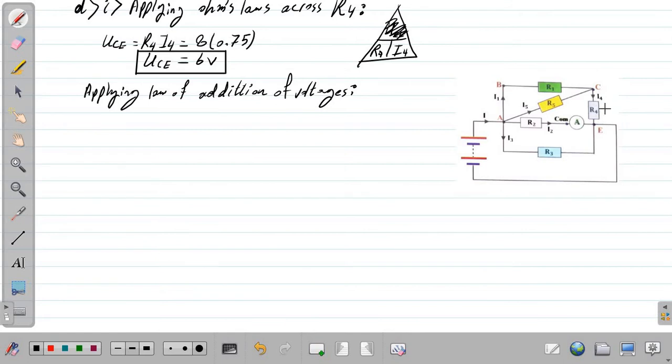Okay, UAE is equal to the voltage UAC plus UCE.